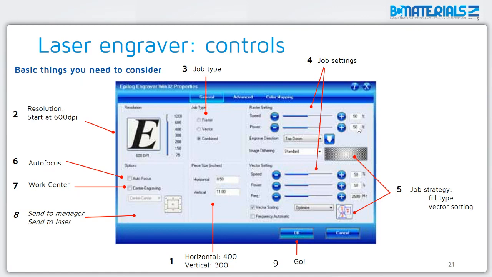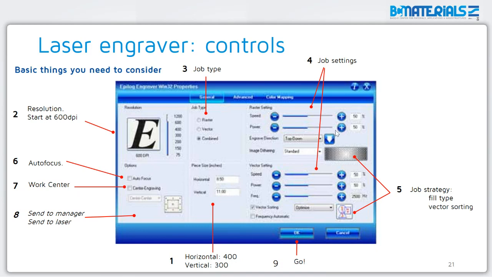This is on a 0 to 100 scale. So if the laser is 30 watts, then setting it at 50% means that you will be applying just 15 watts, okay, and so on. Then the engraving direction. This is where you start engraving, from the bottom or from the top.